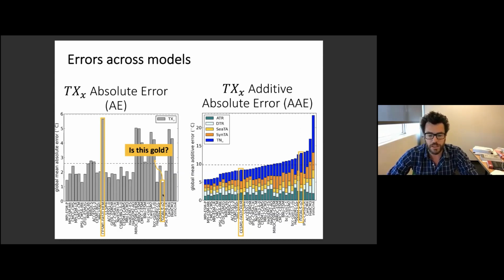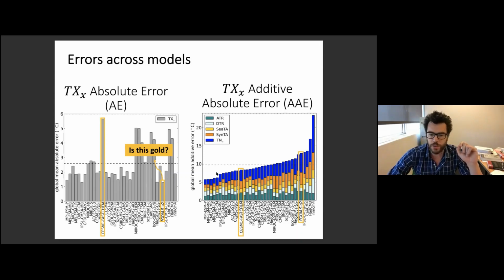And if you look at the other model that looked like one of the best, this FGOALS model, it appears that it's a pretty poor model. It's not the worst, but close to the top 5 worst models according to this error. What this is saying is that the bias was obtained by compensating errors of different sign, according to the decomposition we showed before.